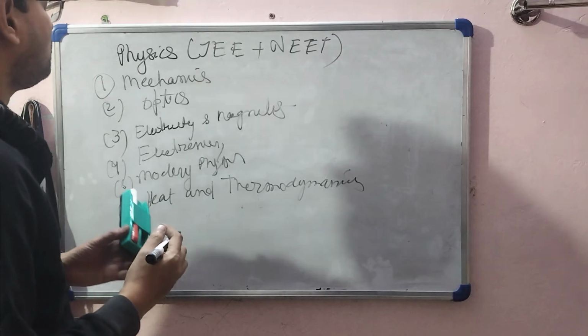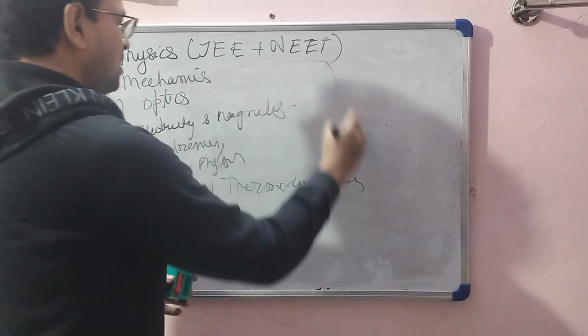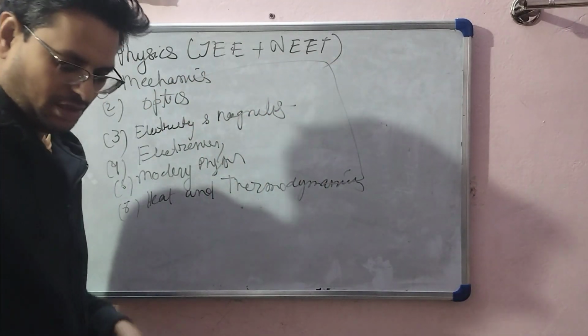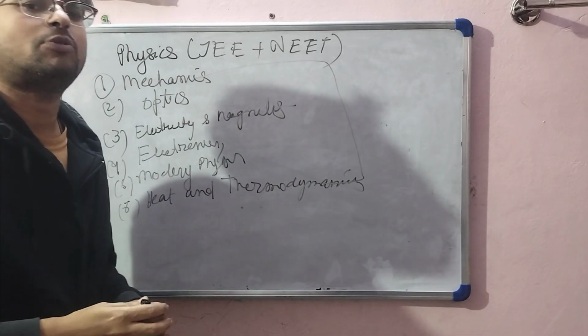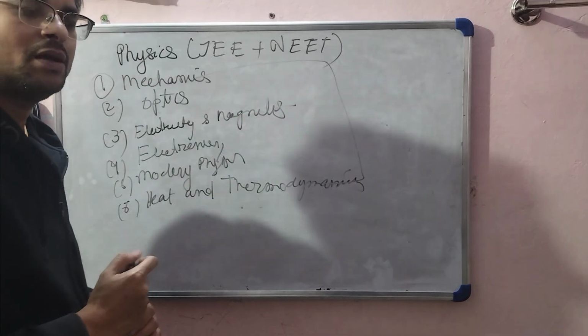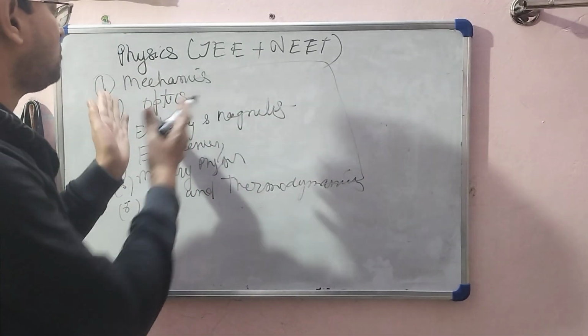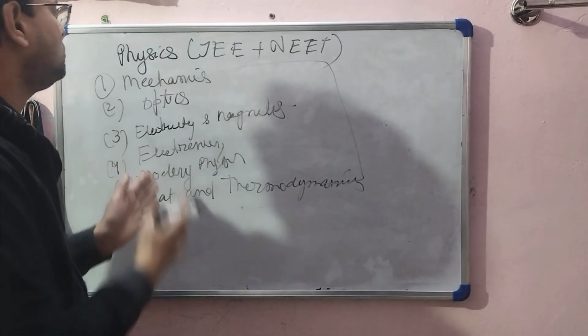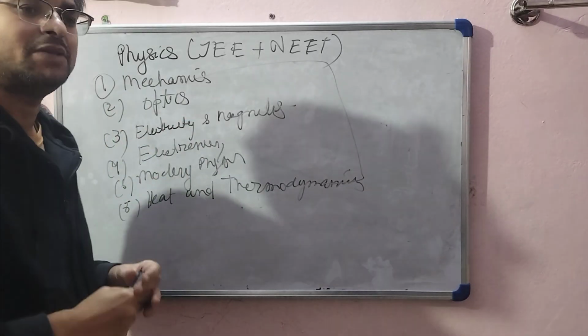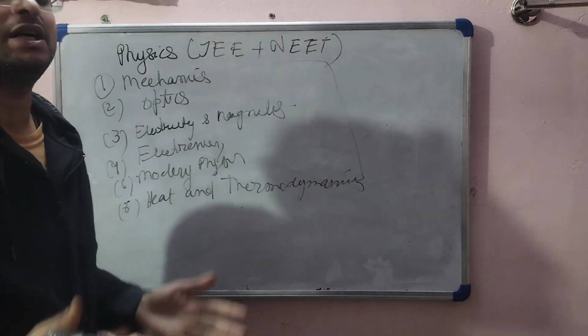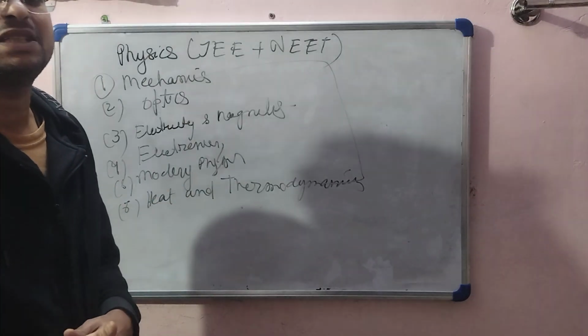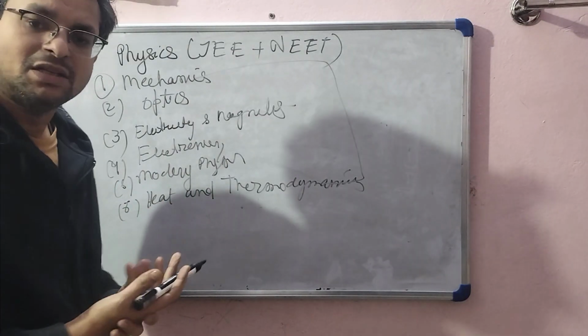So the point is that these branches of physics are mentioned in the 11th and 12th JEE and NEET syllabus. The JEE NEET syllabus contains the concepts of these units: mechanics, optics, electricity, and different concepts and formulas, like numerical physics and conceptual physics, right?